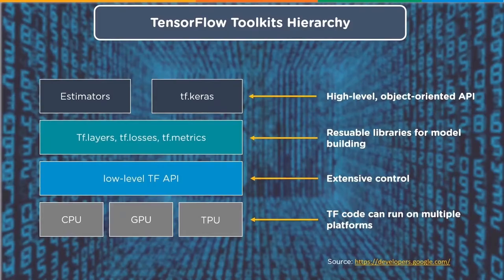This sits on top of your TF layers, TF losses, TF metrics. So you have your reusable libraries for model building. This is really where TensorFlow shines, is between the Keras, running your estimators, and then being able to swap in different layers. Your losses, your metrics, all of that is so built into TensorFlow. It makes it really easy to use.